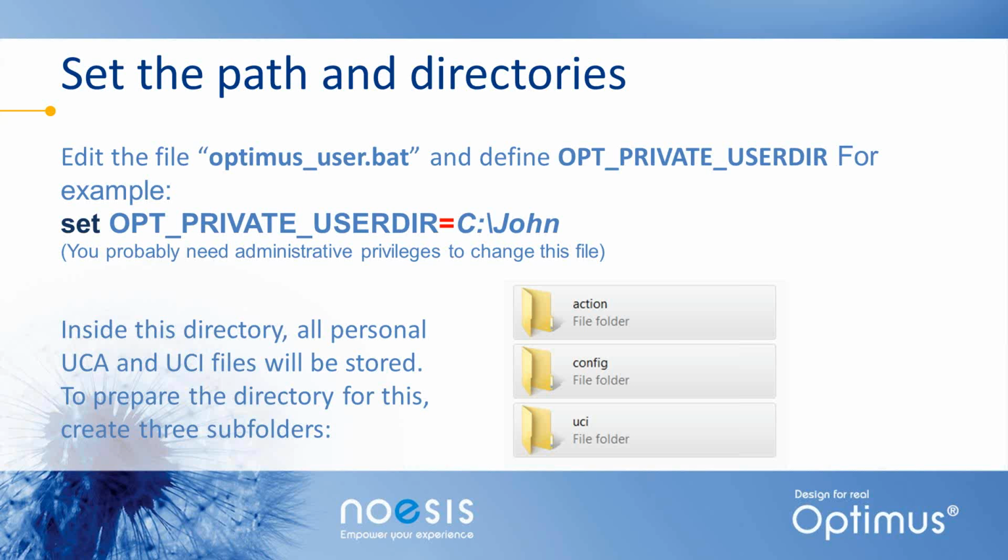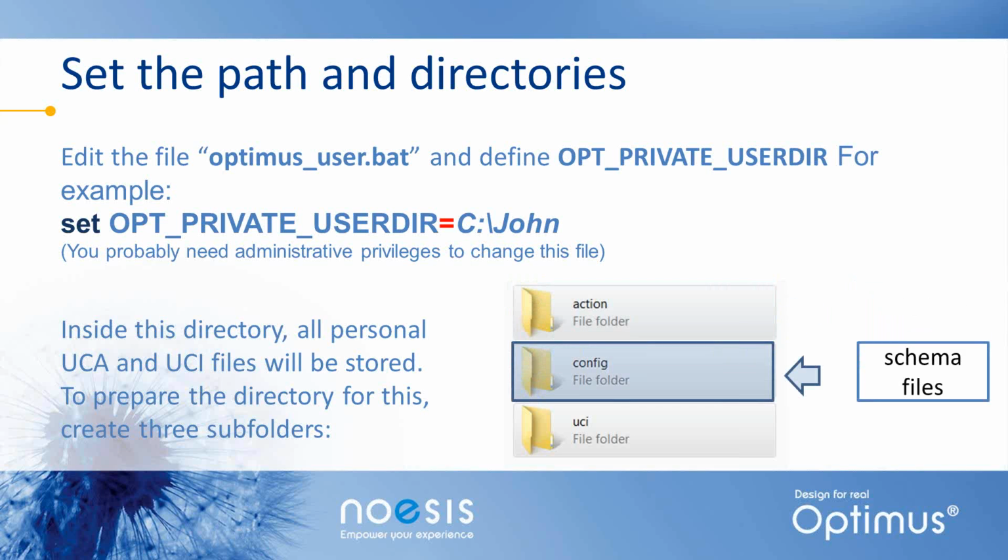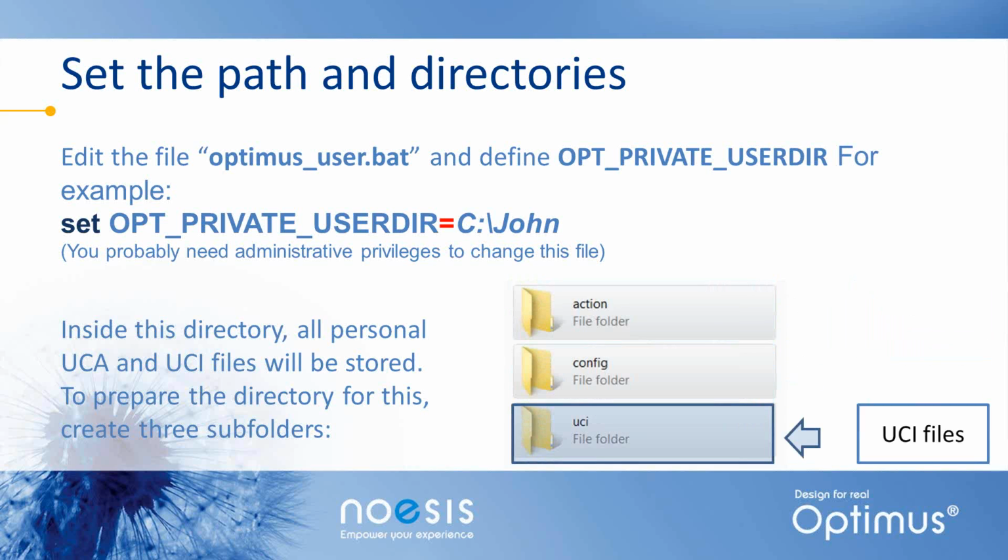And inside this personal directory, you will store, as I said, all your UCA-UCI files. You first of all start defining three different directories. One for the action that is containing the UCA files, that are the files for calling external programs. One is the configuration files, and the other one is the UCI directory that contains both the input and output UCI files.